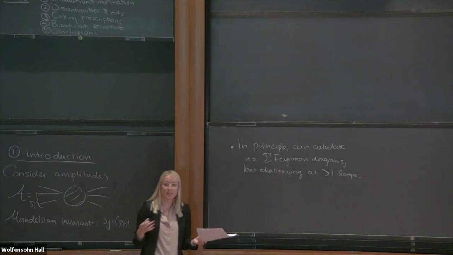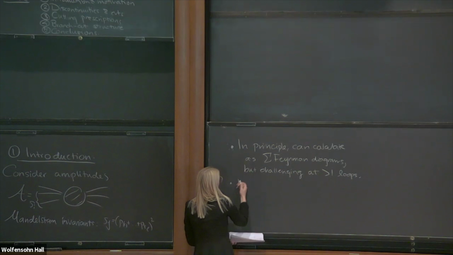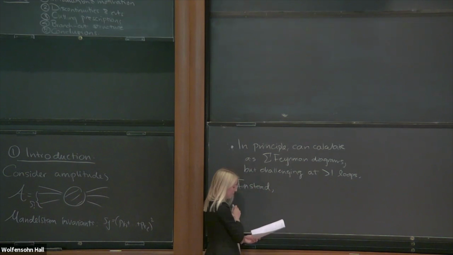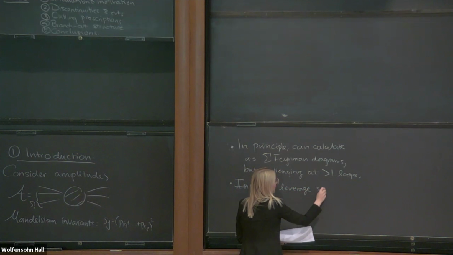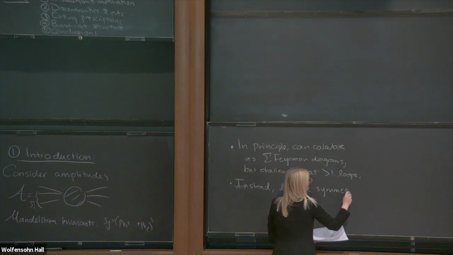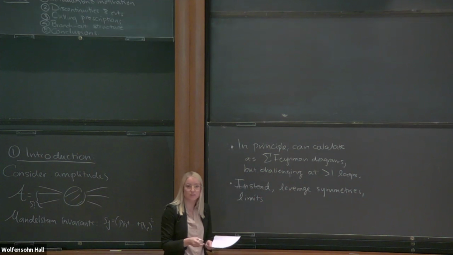So what we're going to do here instead of doing the full loop integrals is leverage the symmetries that we have on limits, such as the behavior of the amplitude in soft and collinear limits.